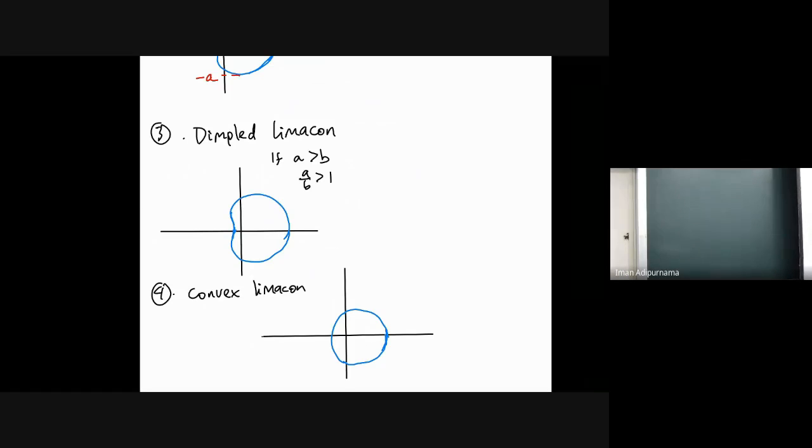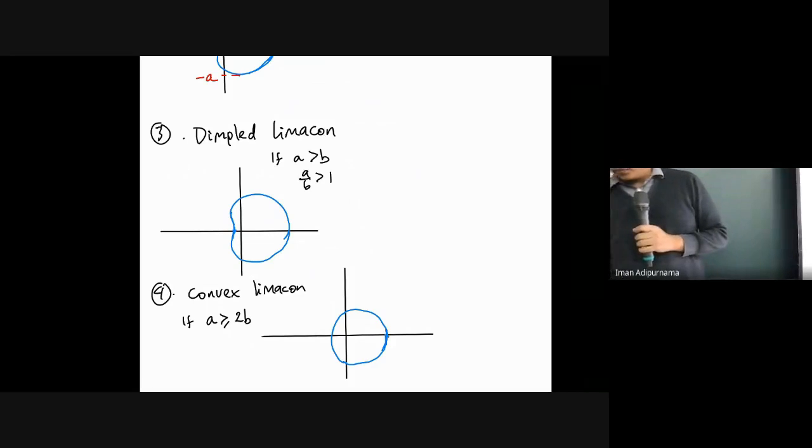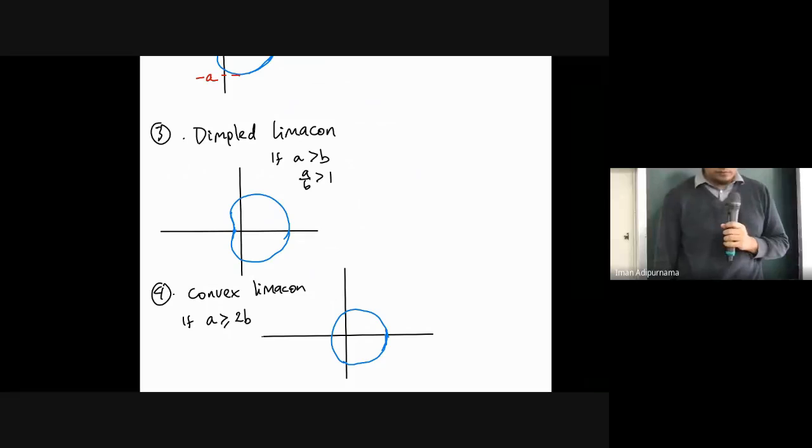From here it's like a circle, but on this side it's getting dimpled, but not as dimpled as the second one. Okay? This is if A is greater or equal to B. But this should be the same.